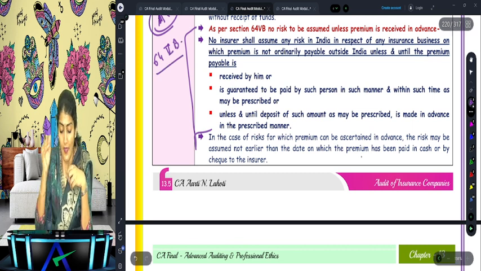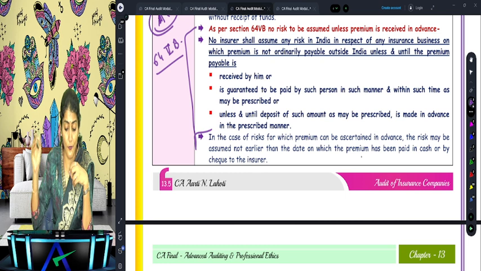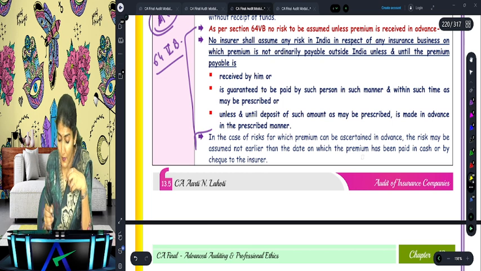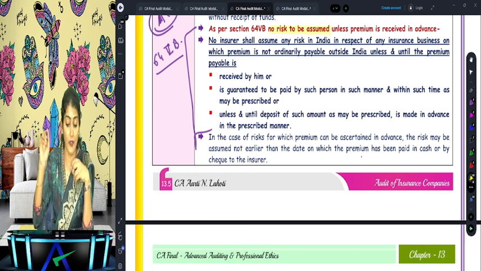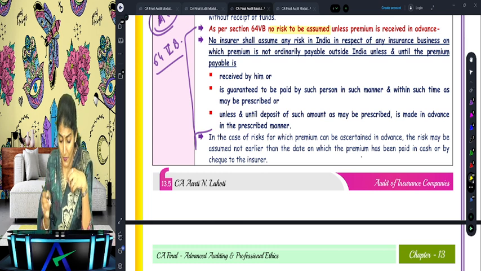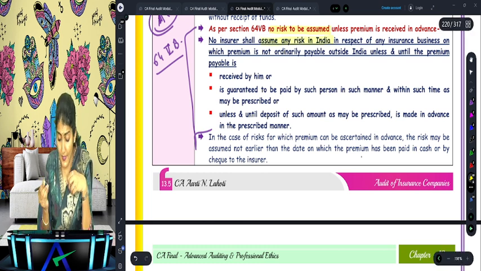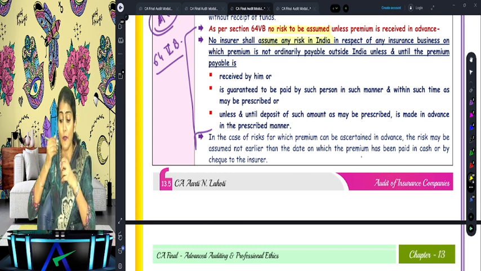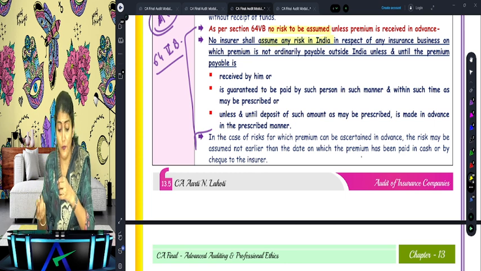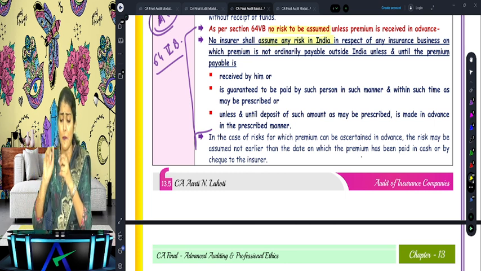What does it say? No risk to be assumed unless the premium is received in advance. So no insurer shall assume any risk in India in respect of any insurance business on which the premium is not ordinarily payable outside India.